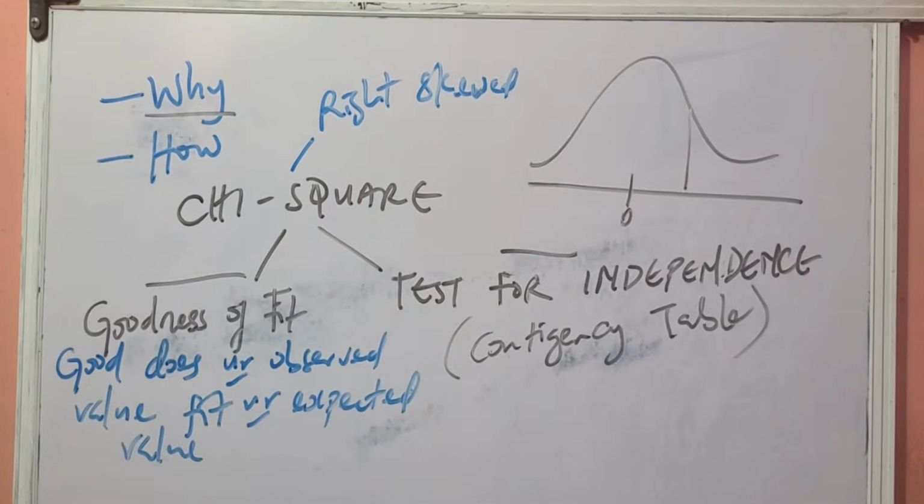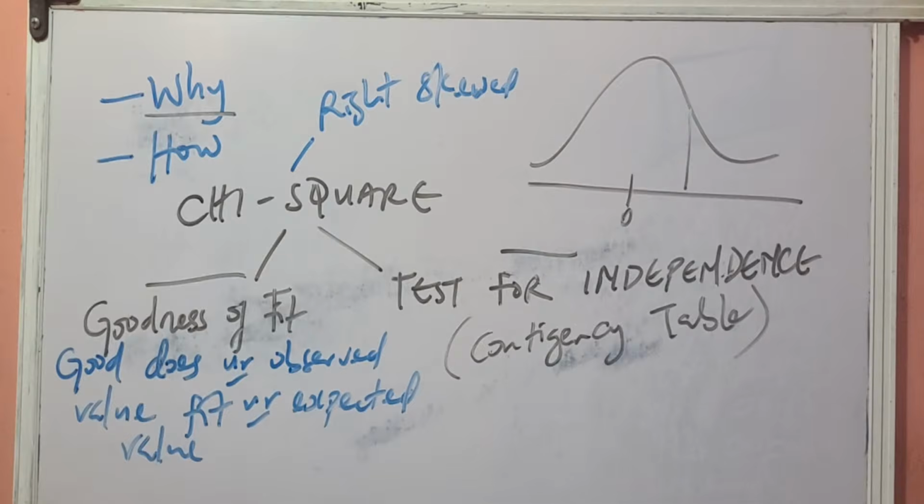Chi-square is not symmetric. Chi-square is right-skewed. So that's probably what I want to even start with.